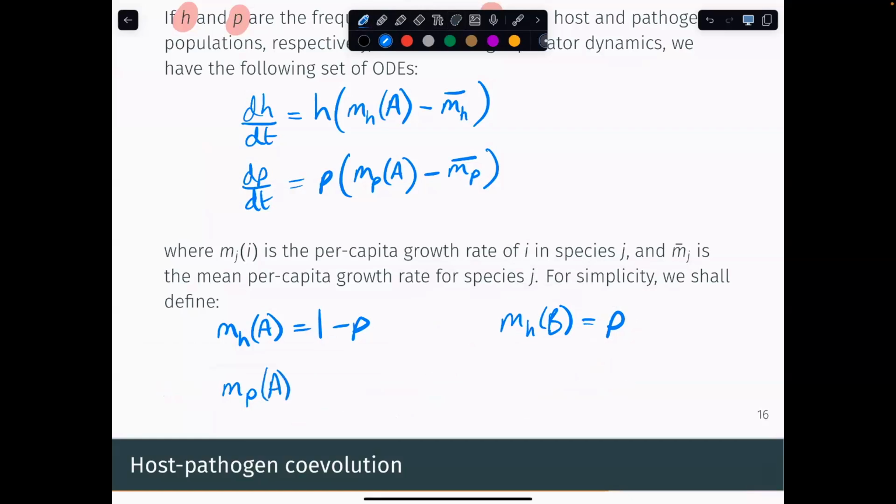For our pathogen, allele A is just going to have fitness H. So pathogens with allele A are going to have fitness equal to the frequency of hosts with allele A. And again, that's because these pathogens are going to be fitter when there are more hosts that they can match. And finally, pathogens with allele B are going to have fitness 1 minus H. This 1 minus H here is just the frequency of hosts with allele B.